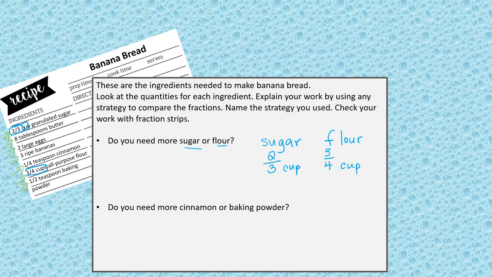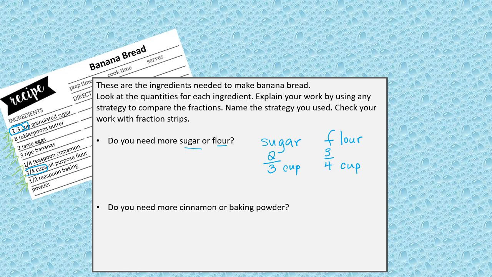So we want to compare those two fractions. Can we use the strategy same numerator? No, we can't use that strategy because both numerators are different. Can we use the same denominator strategy? Well, we can't do that either because both denominators are different.